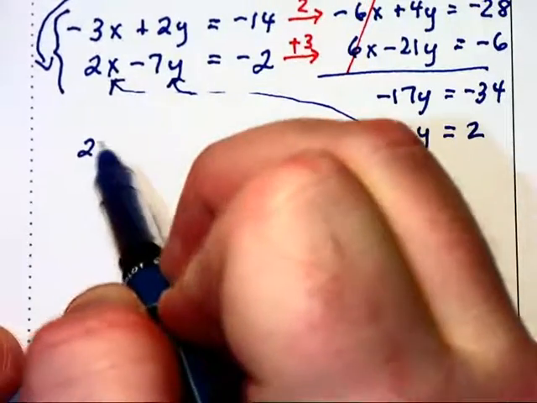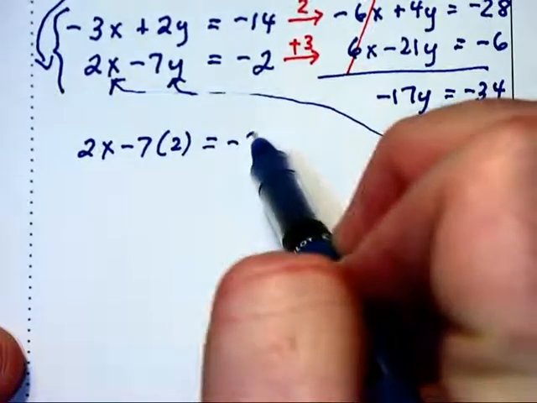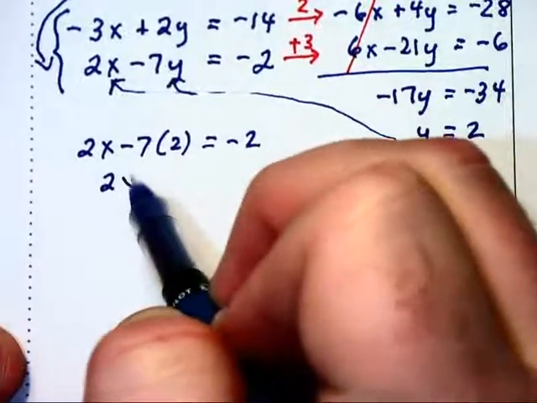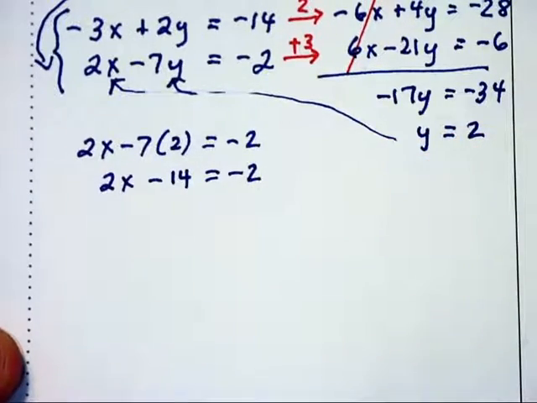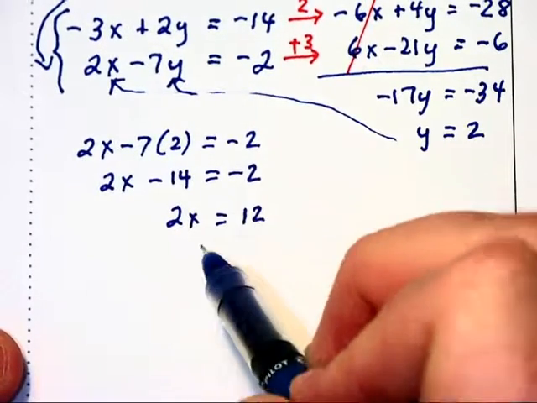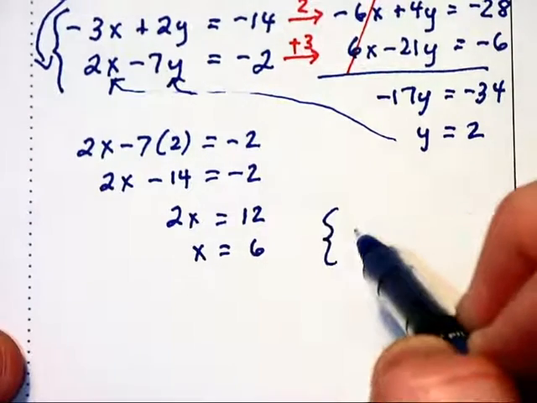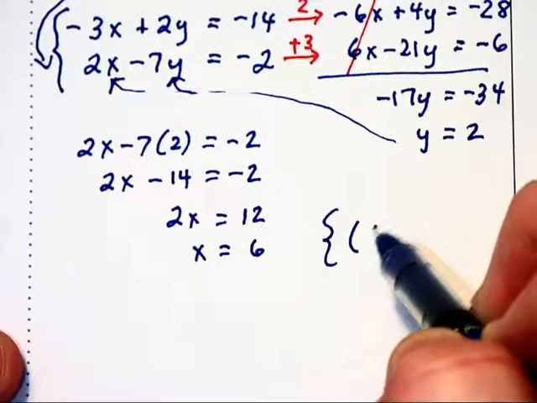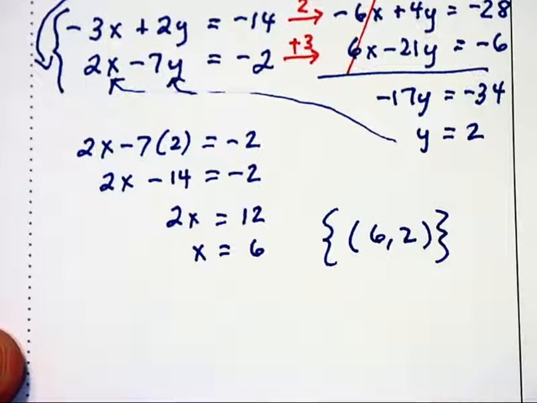This will give us 2x minus 7 times 2 is equal to negative 2. 2x minus 14 then is equal to negative 2. Adding 14 to each side, we have 2x is equal to 12, and therefore x is equal to 6. Our solution set is the point 6, 2 for this problem.